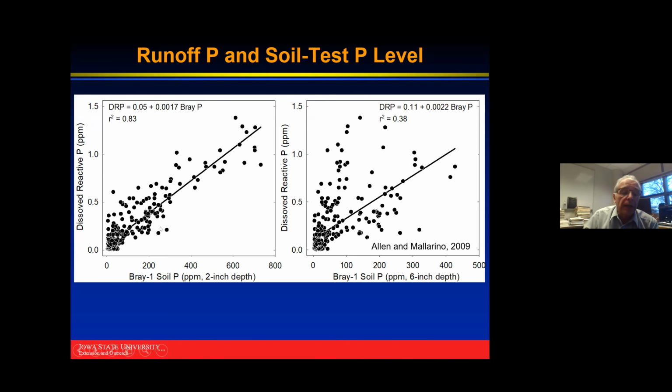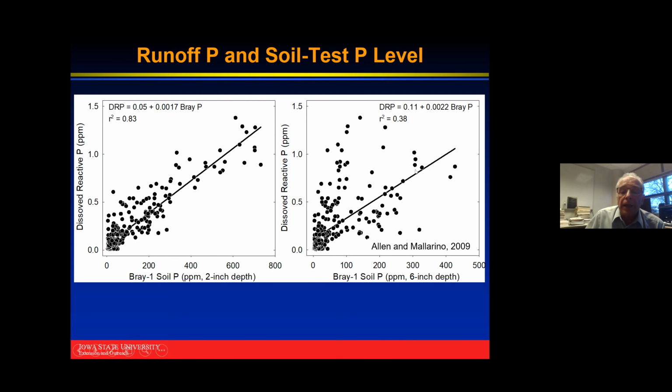The graph on the right measures the correlation between the dissolved reactive P and the soil test P to a 2-inch depth. Note this, there is a good correlation, and it's linear. We seldom find a curvilinear or exponential relationship in Iowa, even at those high soil test P levels.